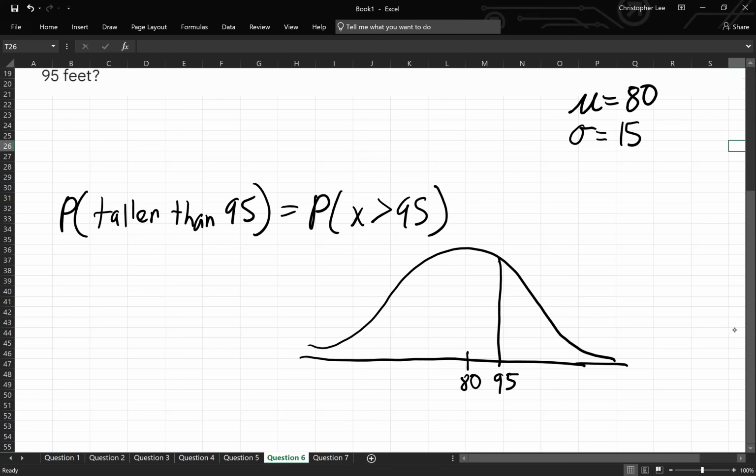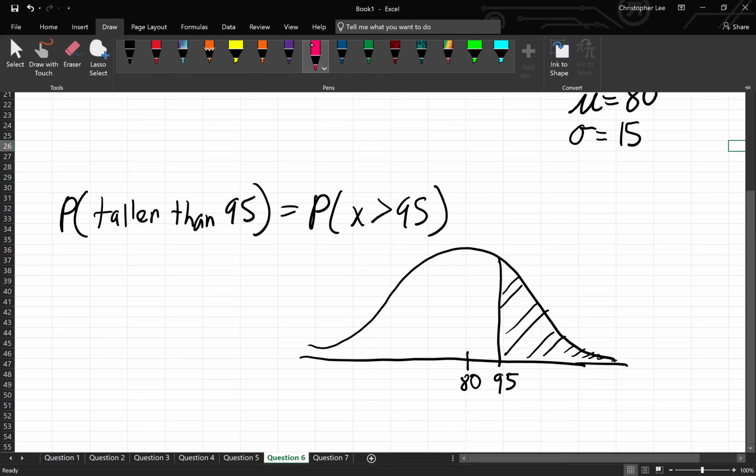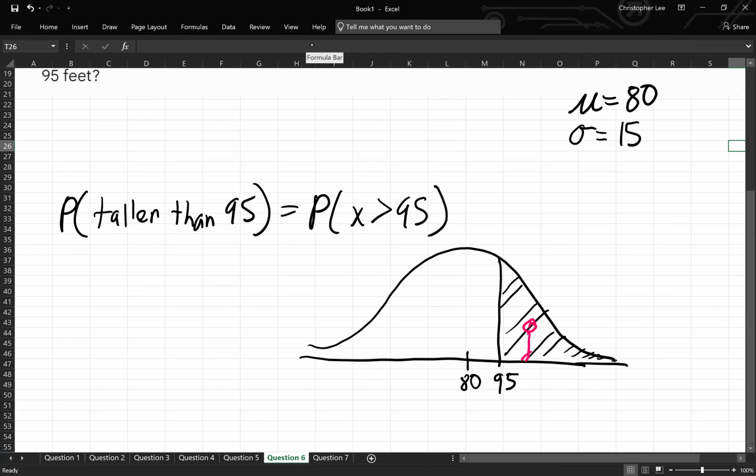I want to know about the area to the right of it. Whatever is to my left is my lower bound. Whatever is to my right is my upper bound.